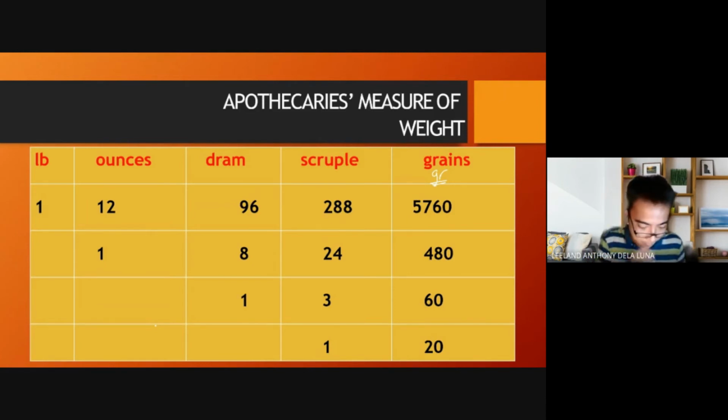And 1 pound is equivalent to 12 ounces. Tapos 16 ounces equivalent to 7,000 grains. Okay. Or 1 pound na lang. Sus, ba't ba ako mag-ounces pala? 1 pound is 5,760 grains. Okay.